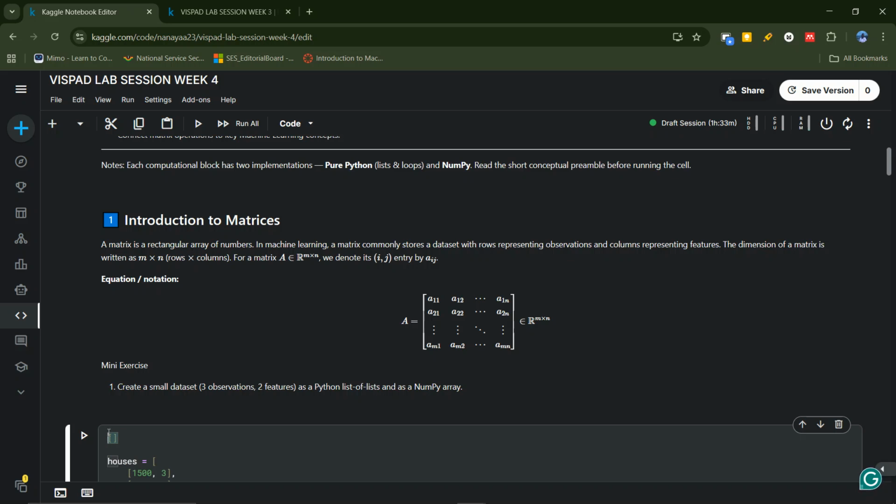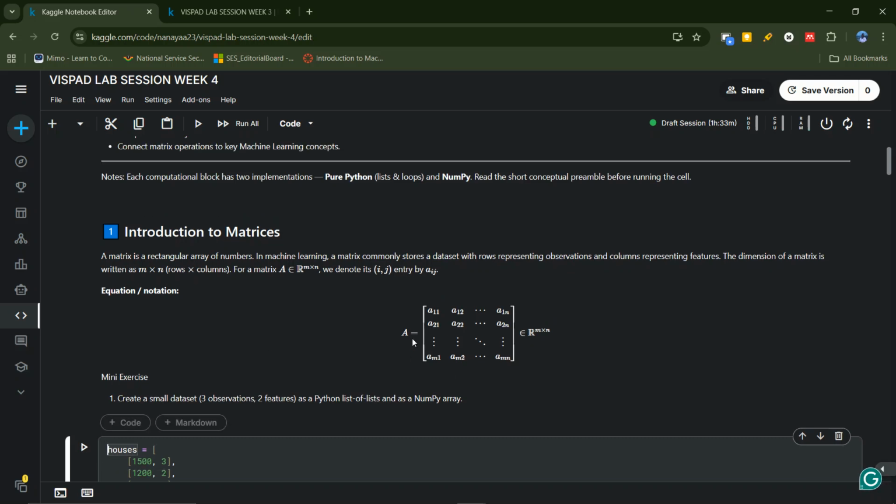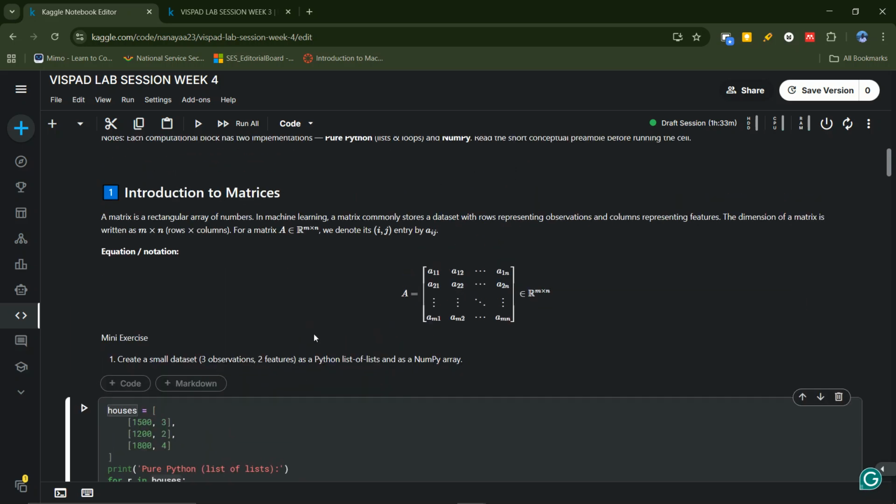So a list of lists means you have a list as a whole, and the various elements of the list are themselves lists. You will understand as we move on to the subsequent sections. So the mini exercise says create a small data set of 3 observations and 2 features as a Python list of lists and as a NumPy array.